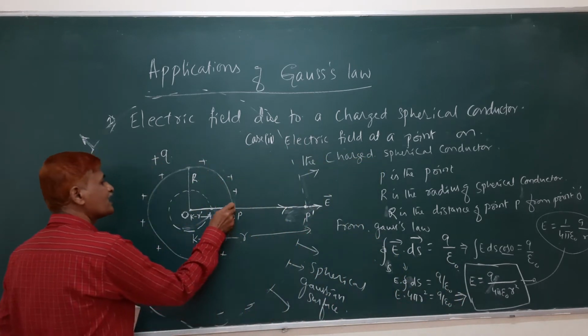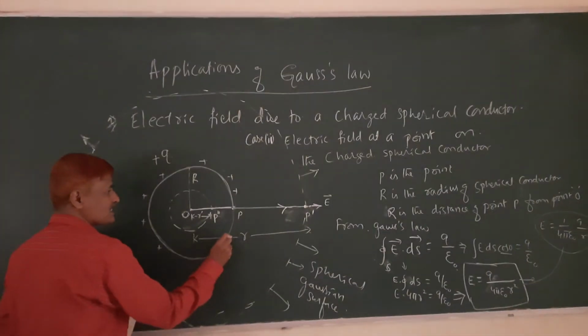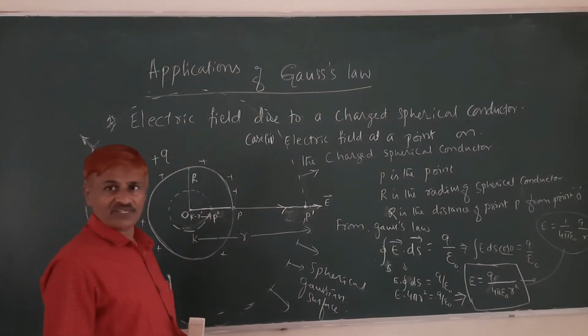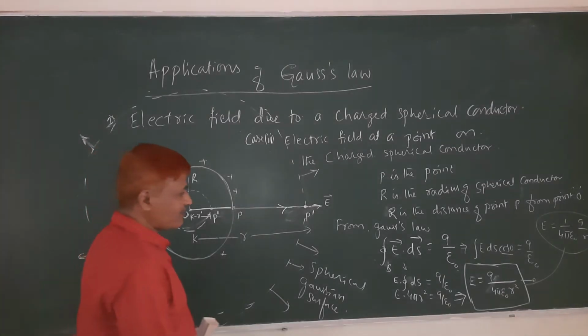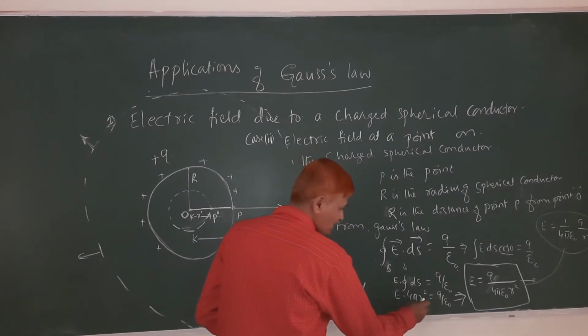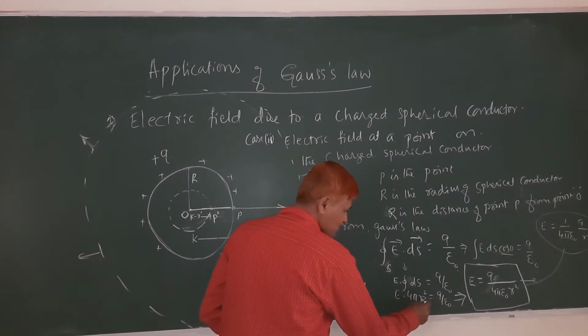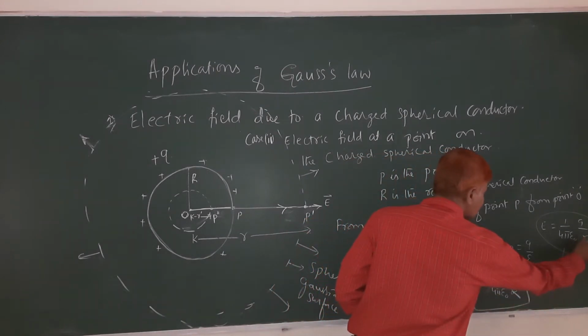The spherical conductor itself becomes the Gaussian surface. Here, instead of small r squared, you get capital R squared, and you get the same result.